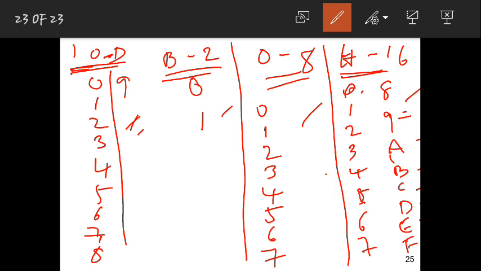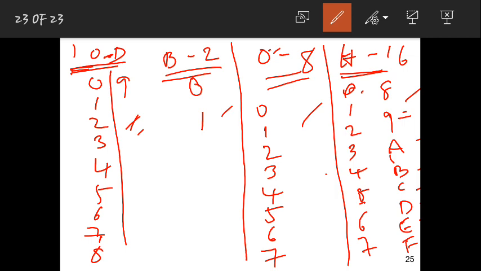So for that reason, you need to mention the base. If it is decimal you need to write 10, if it is hexa you need to write 16. And if it is between 0 to 7, you might also get confused with octa.